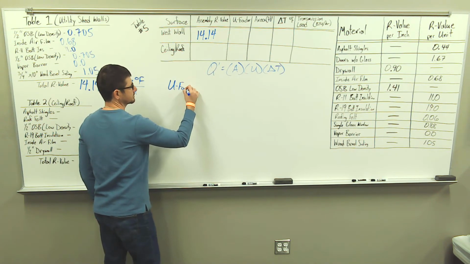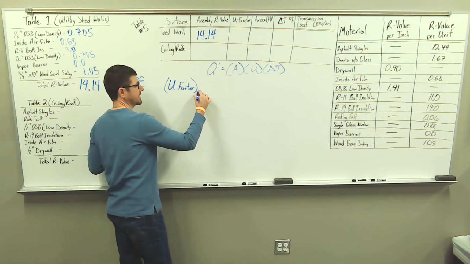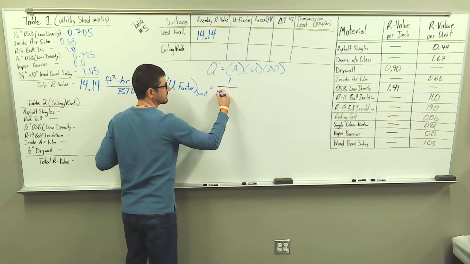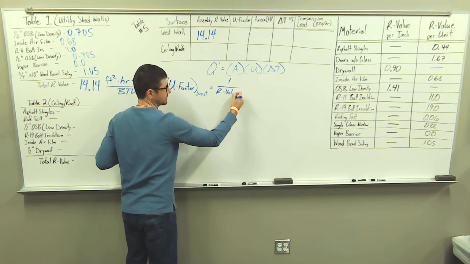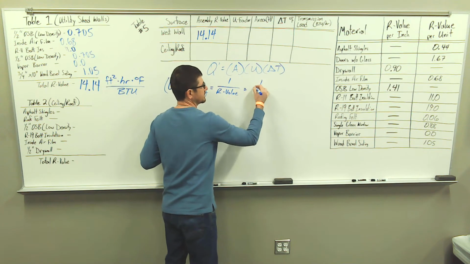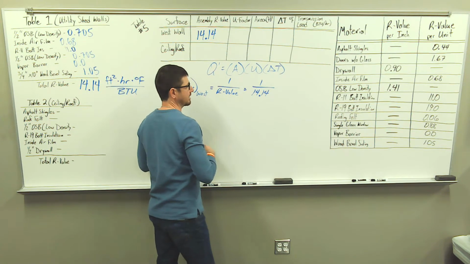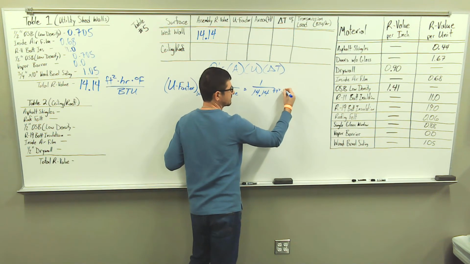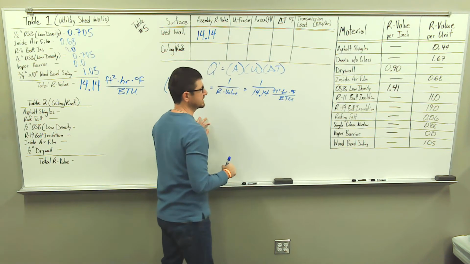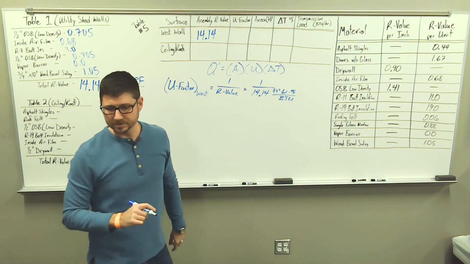I'm going to add a subscript of west to identify the west wall. This is 1 divided by the R value of the west wall, so 1 divided by 14.14, with units of foot squared, hour, degree Fahrenheit per BTU.